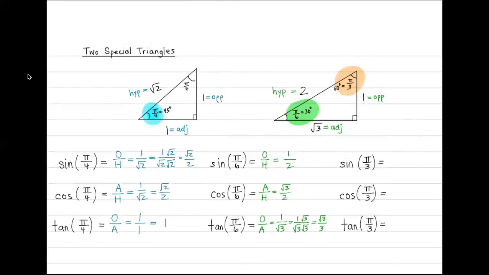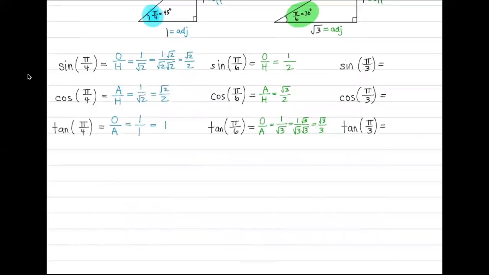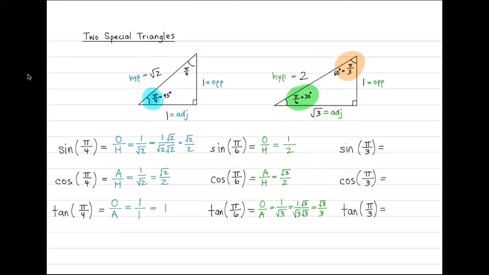Now, if we wanted to work out the sine, the cosine, and the tan for pi over 3, which is the orange angle there, then we're going to have to relabel our sides. The hypotenuse side is still the same, because it's still directly across from that right angle.